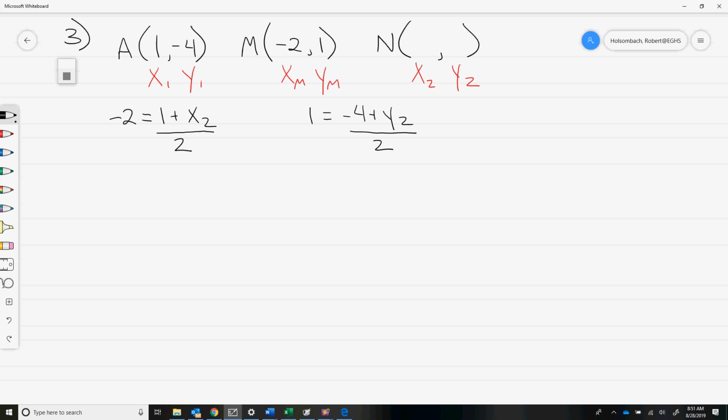Solve each equation by multiplying by 2. These will cancel. 2 times -2 is -4 equals 1 plus x sub 2. And then you subtract 1 from each side. So -5 is equal to your x sub 2.